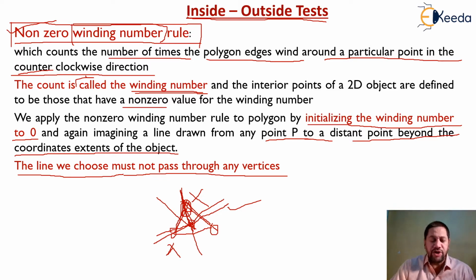Let us understand this with the help of the diagram, how this non-zero winding number rule works. I'm just moving to the next slide for the discussion.